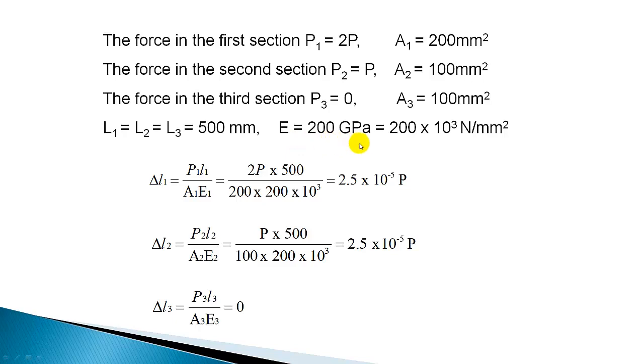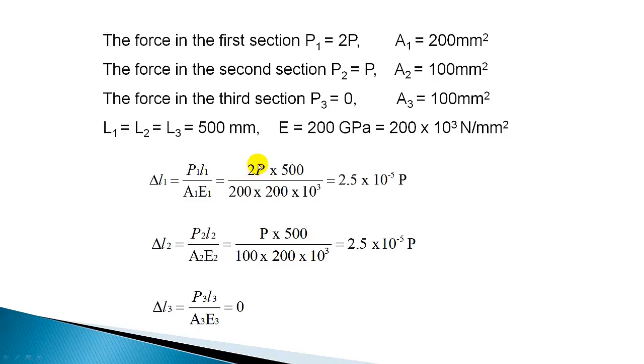Young's modulus is 200 gigapascal for all the sections. So 200 into 10 raised to 3 Newton per mm square, since each gigapascal is 10 raised to 3 Newton per mm square. Now let us find out the elongation in each portion. Delta L1 is P1 L1 divided by A1 E1, and P1 is 2P.